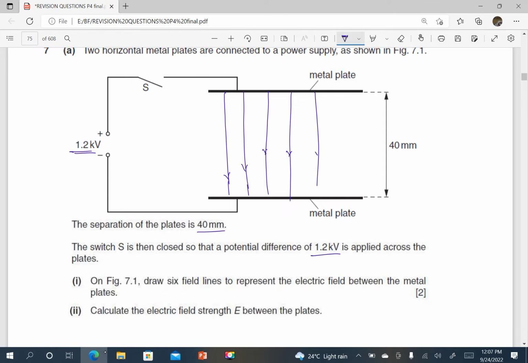Me, I'm using a free hand. So the field lines point downwards from high potential to low potential. They are parallel and equally spaced. Use a ruler to draw very neat field lines, equally spaced and from high potential to low potential.